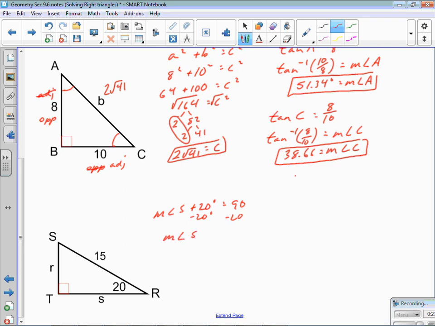So the measure of angle S equals 70. And so from the 20-degree angle, 15 is the hypotenuse, R is the opposite, and S is the adjacent.